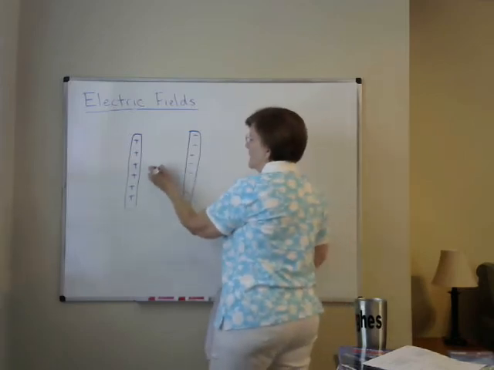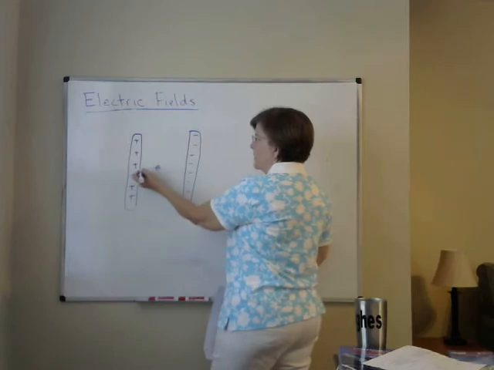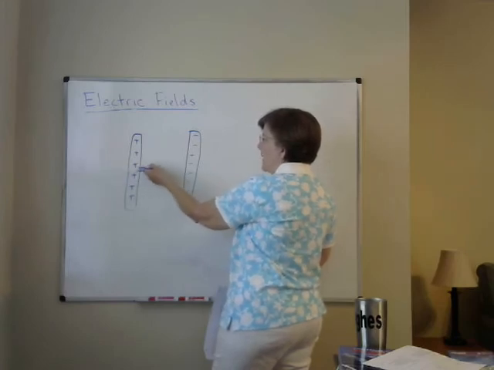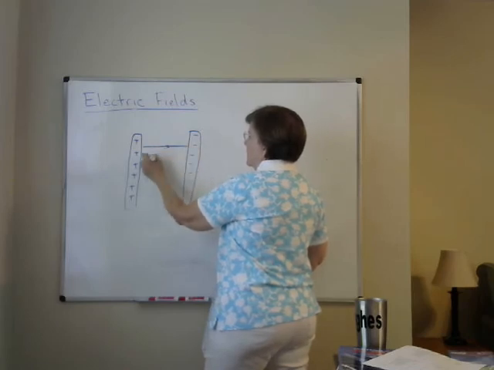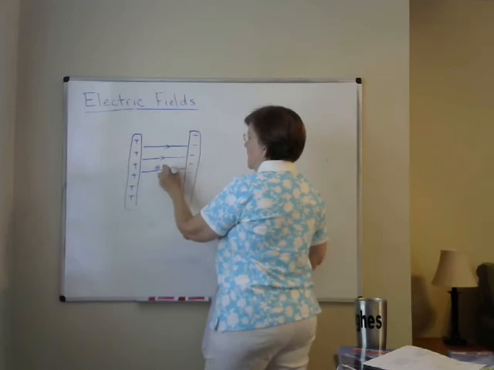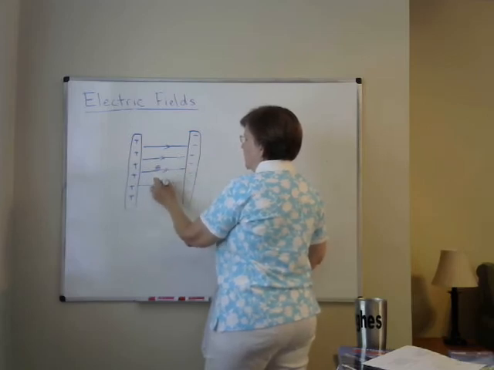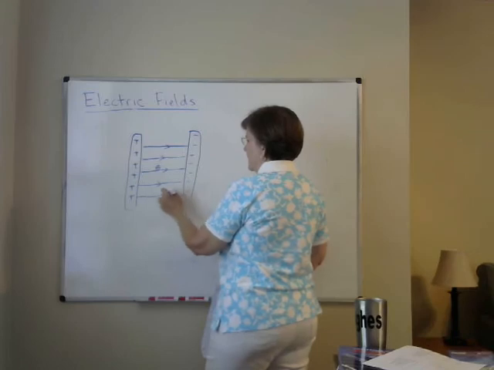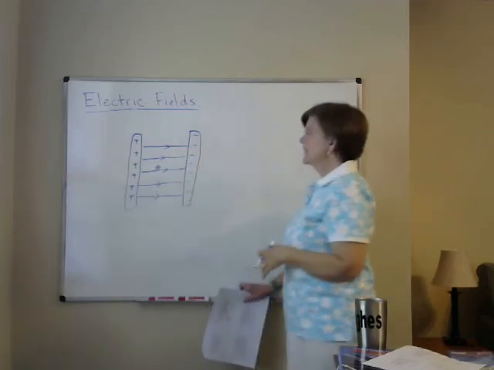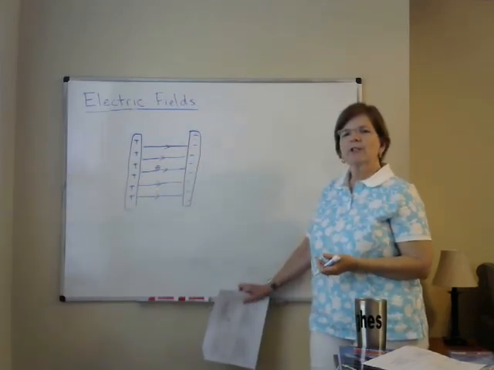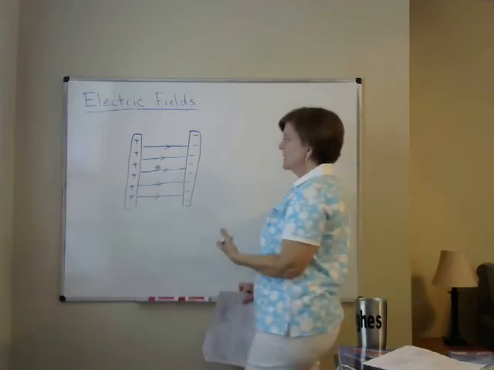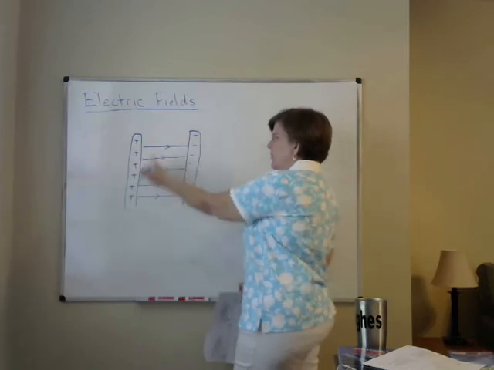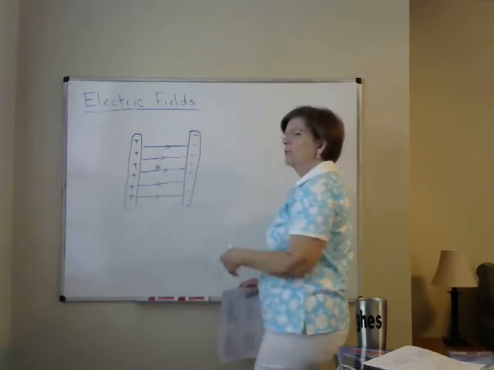Well, if I put a little plus in here, remember, it'll be pushed away from positive toward the negative. You can see in between here that the electric field should point like this, away from positive towards negative. That particular type of electric field is called a uniform electric field, and we're not even studying that in this class. But I do want you to see that electric fields always point away from positive. They always point towards negative.